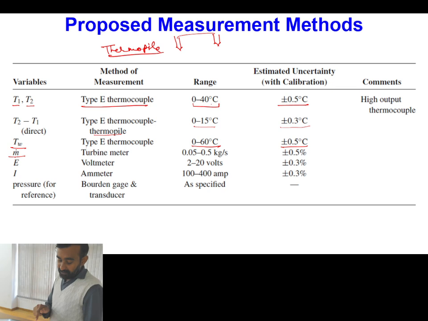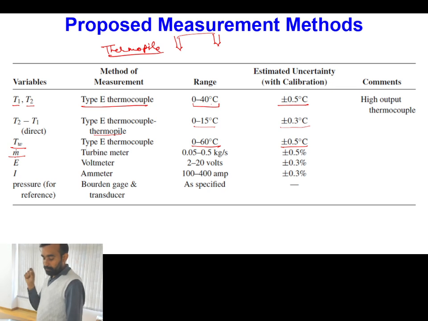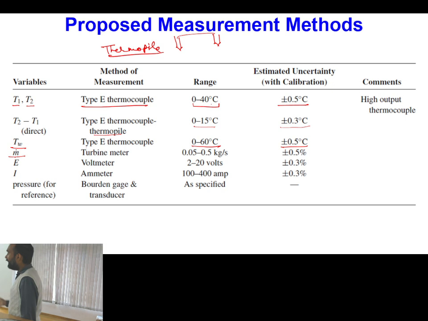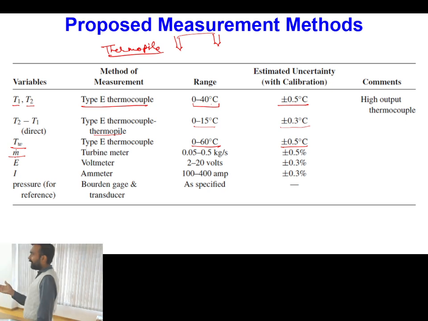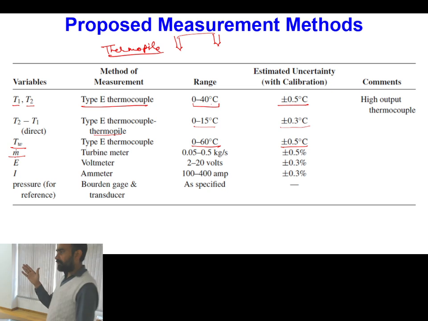If I am operating in a purely single phase regime, then I can use either a turbine flow meter or a Coriolis mass flow meter. Typically the cost of a Coriolis mass flow meter will be slightly high in comparison to the cost of a turbine flow meter.